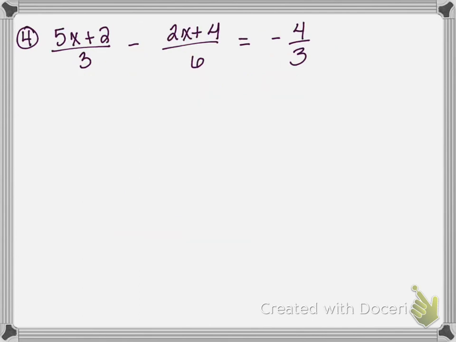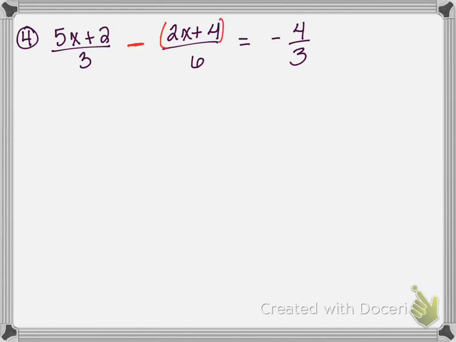Okay, things are a little bit more complicated now. The first thing that I like to deal with is this negative right here. Students forget that this negative belongs to everything in my numerator.